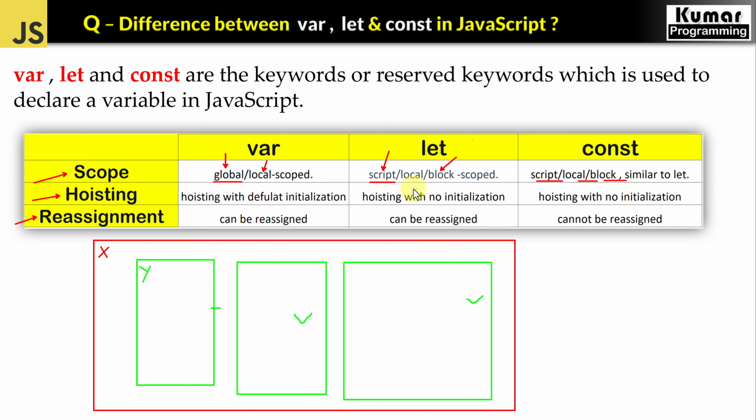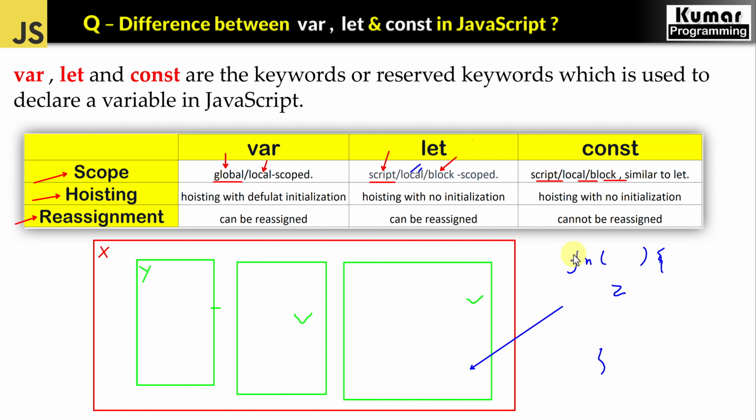Now let's understand about the local and block scope. Suppose in this script I have written a function, and inside this function I have declared a variable z. This z variable is accessible throughout the function, and it won't be accessible outside of the function. So that is known as a local scope.